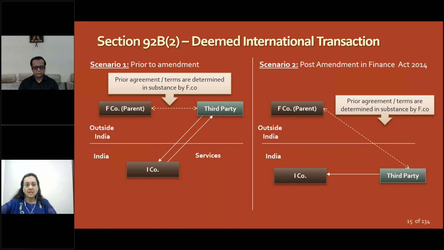Now in such a case, this becomes a deemed international transaction, because even though I company and the third party are not associated enterprises, and therefore the transaction between them should not be an international transaction, because I company and F company are AEs, and F company has the ability to influence the third party, the third party and I company become AEs. Post amendment of 2014, in the same scenario, even if the third party is within India, the same deeming provision will apply, and it will become a deemed international transaction.